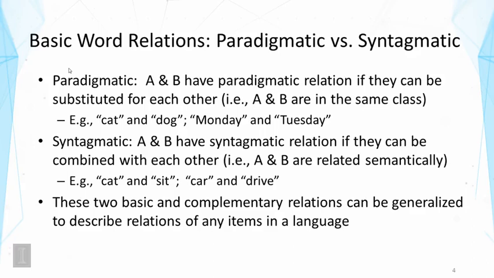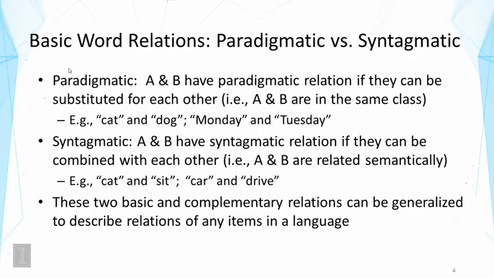The second kind of relation is called syntagmatic relation. In this case, the two words that have this relation can be combined with each other. So A and B have syntagmatic relation if they can be combined with each other in a sentence. That means these two words are semantically related. So for example, cat and sit are related because a cat can sit somewhere.